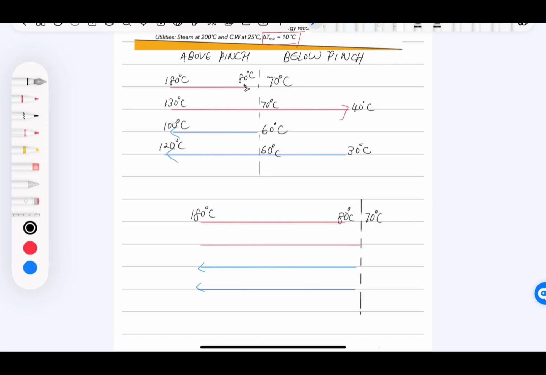The dotted line is the pinch temperature, and then this is 130 to 70, 60 to 100, and 60 to 120. So this is for the region above pinch.